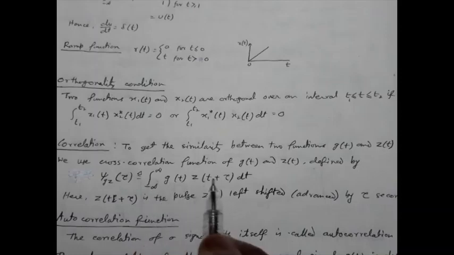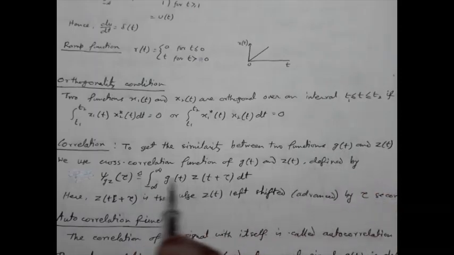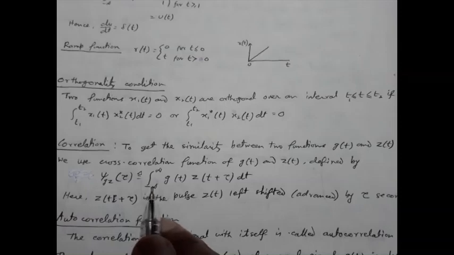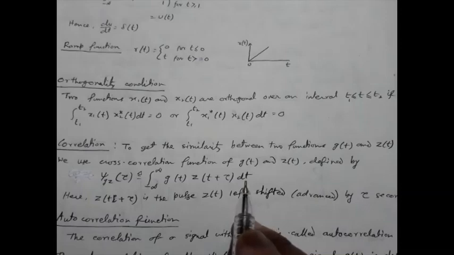Now if we have two signals g(t) and z(t), then the cross correlation function psi_gz(tau) can be defined as integration from minus infinity to plus infinity of g(t) z(t plus tau) dt.